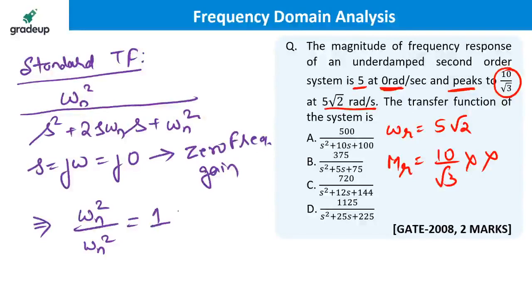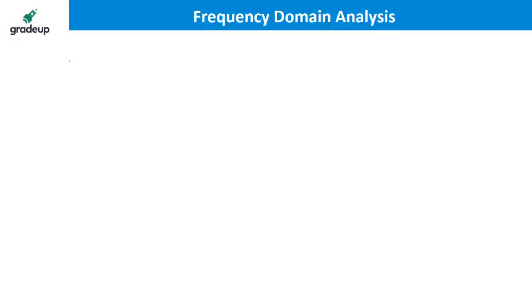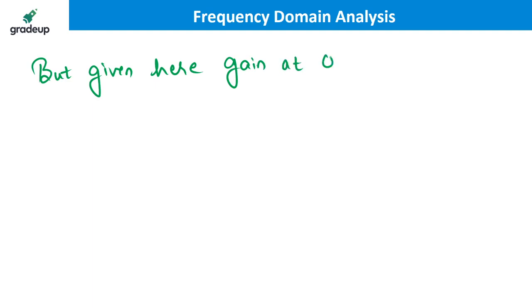So normally the magnitude is equal to 1, right? But listen to me, given here is that the gain at 0 radian per second is equal to 5.